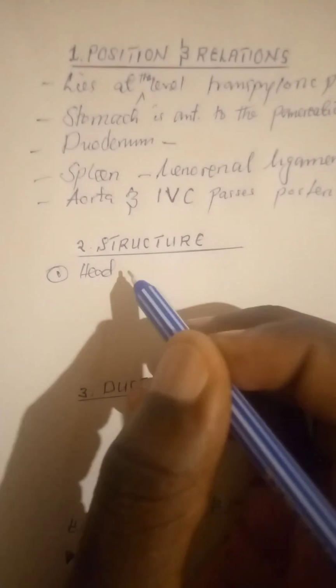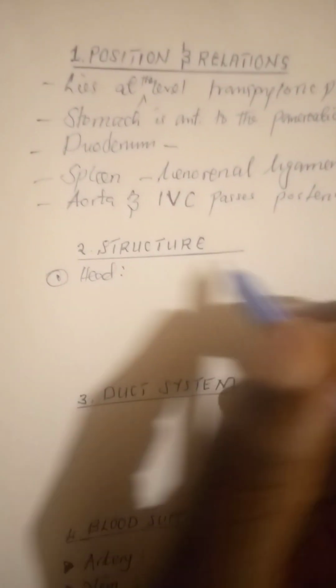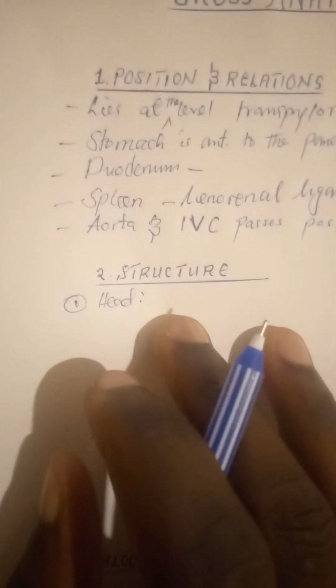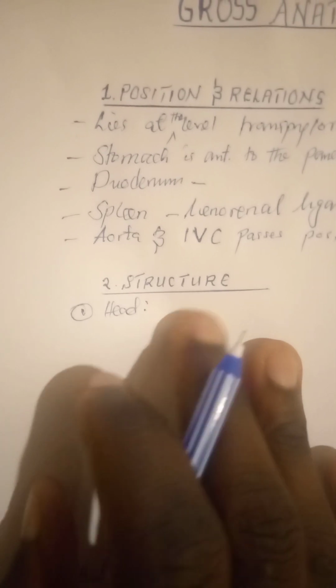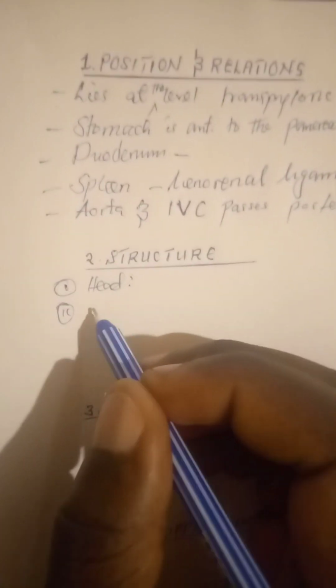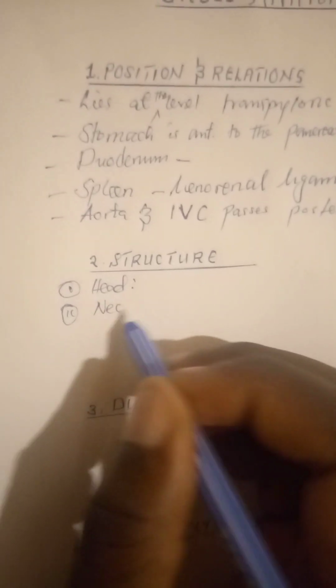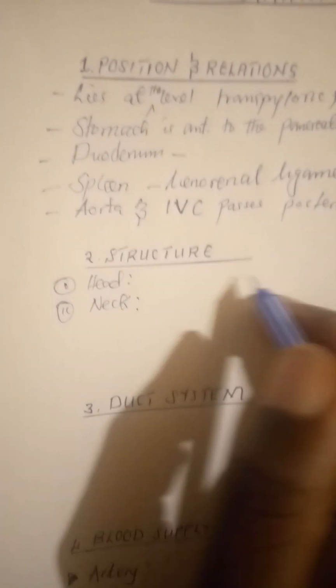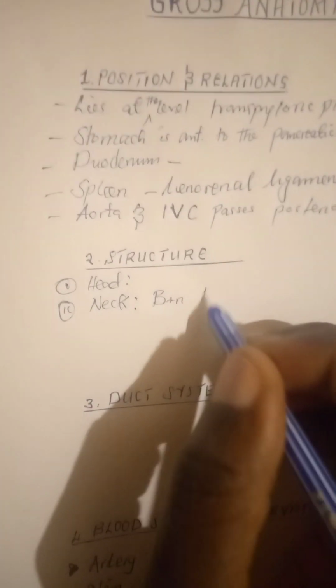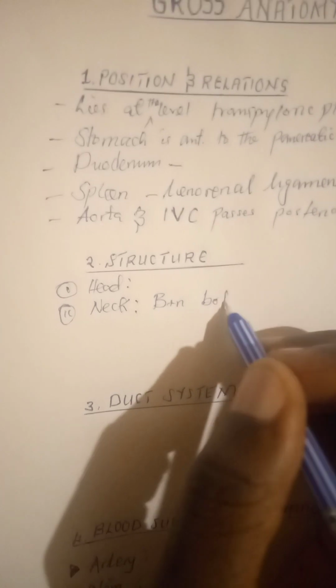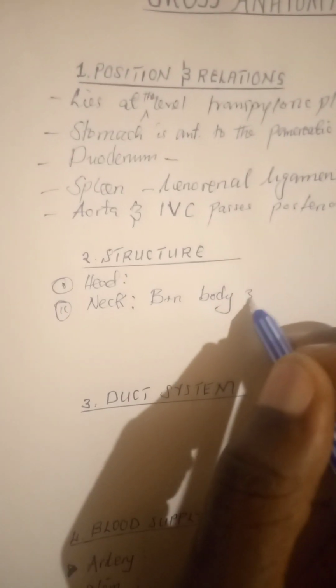We have the head, and we say this head is enclosed within a C-shaped structure formed by the duodenum. Then we have the neck, which is between the body and head.